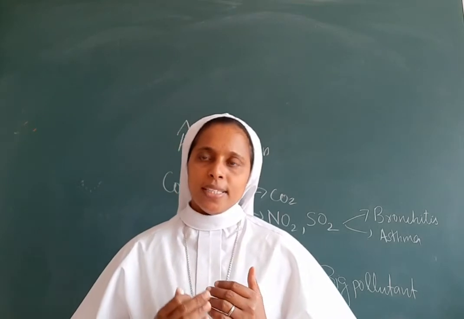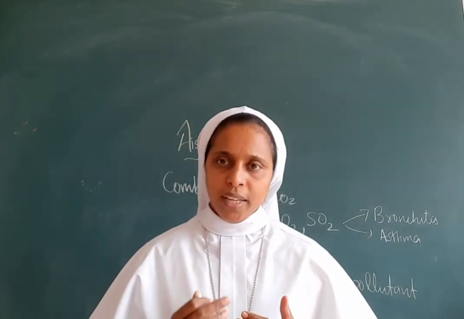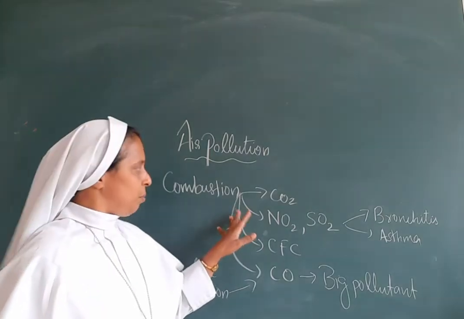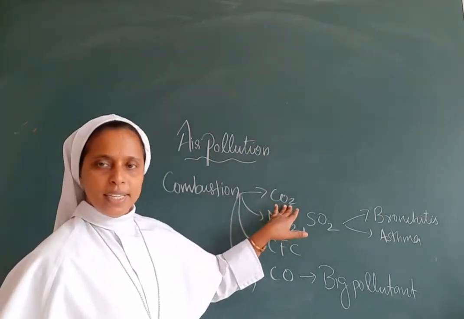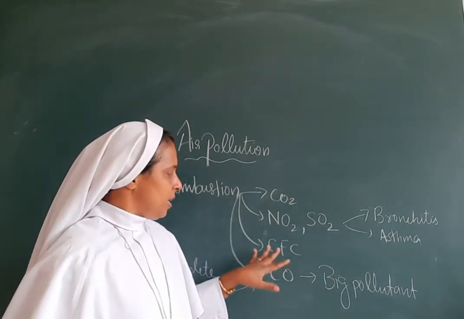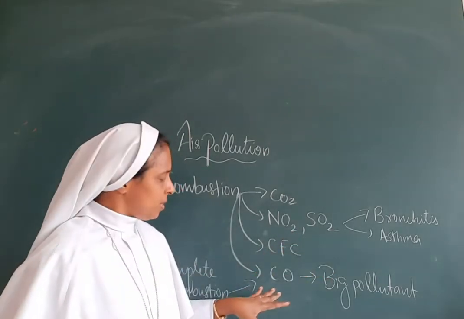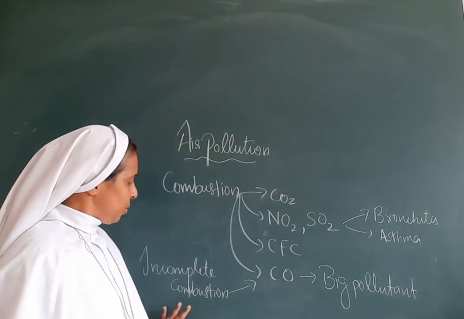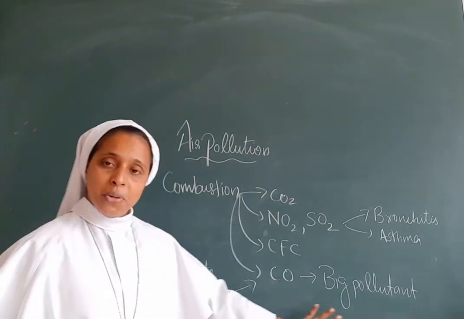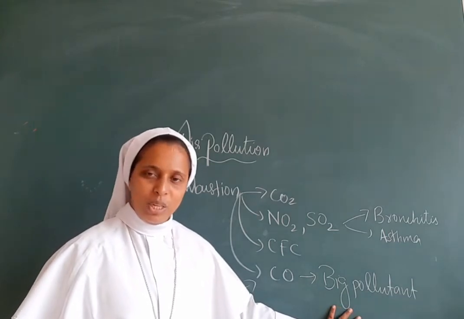Okay, so let us see what are the causes of air pollution. Due to combustion, air pollution occurs. Carbon dioxide is being released, then nitrogen oxide, sulfur dioxide, chlorofluorocarbon, carbon monoxide. As we all know, carbon monoxide is due to incomplete combustion. So carbon monoxide is the biggest pollutant.